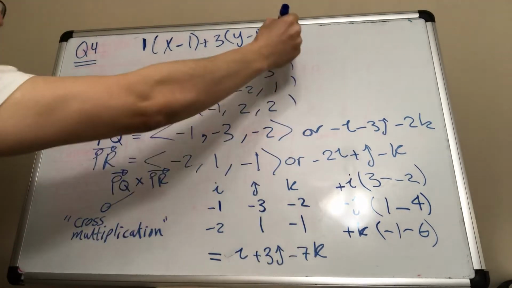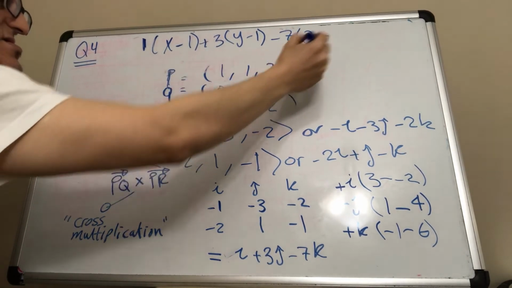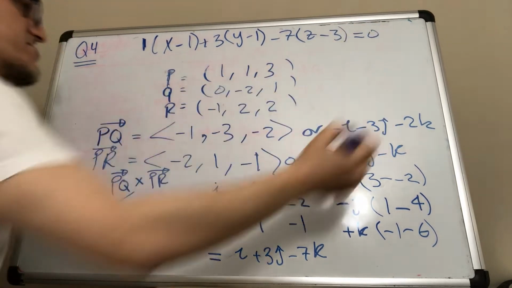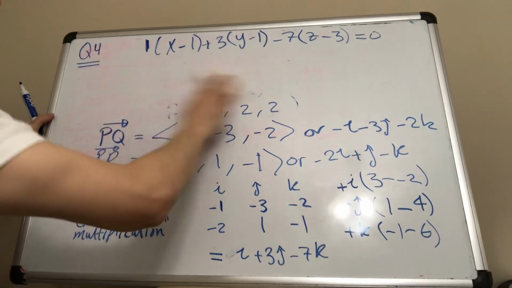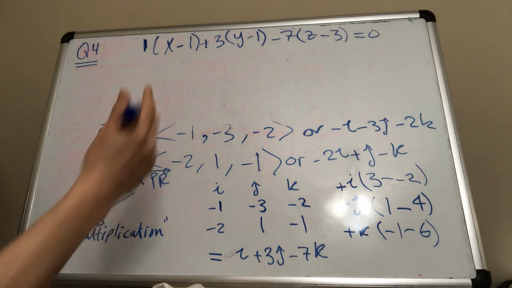And you take the number for the k, and z minus this equals 0. Sometimes they just say leave it as it is, but we'll work it out.